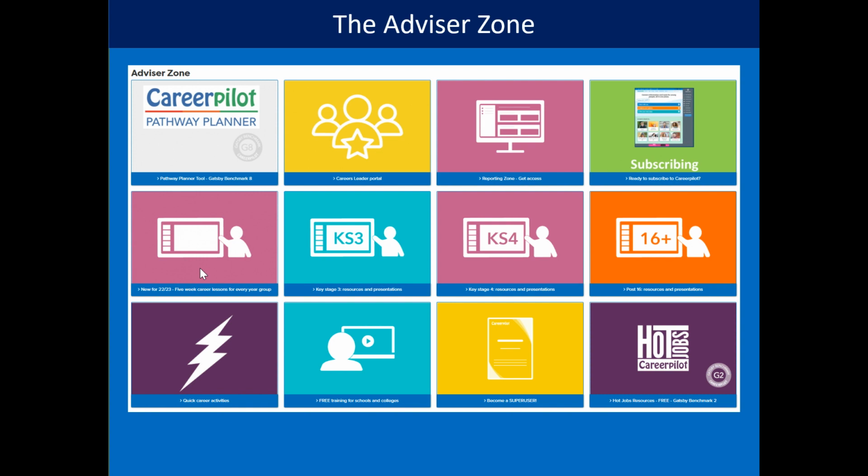So there's also the advisor zone, which is where you can find lots of different resources to support your teaching of careers. So whether it's careers activities, longer lessons or short activities or hot jobs, we'll come on to some of those, but they're all within the advisor zone.